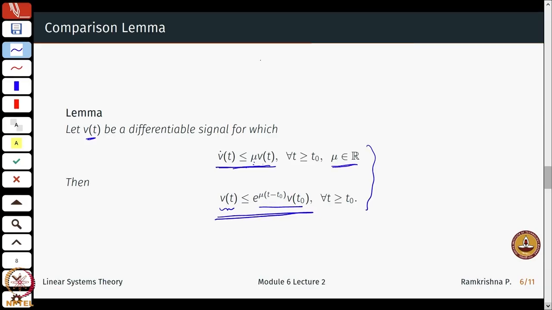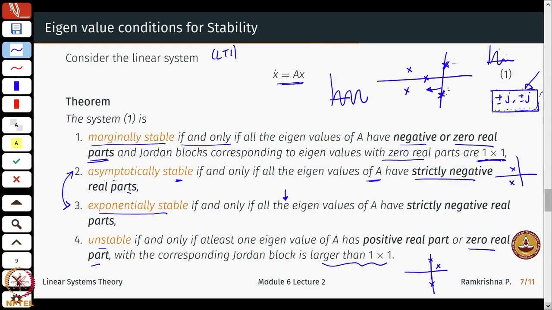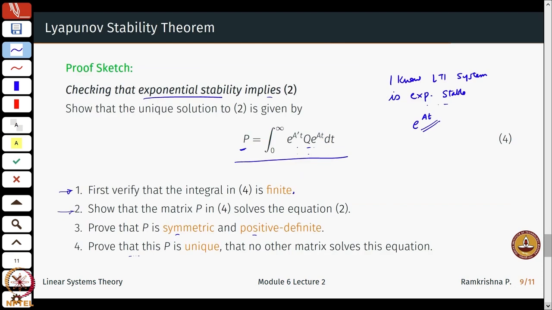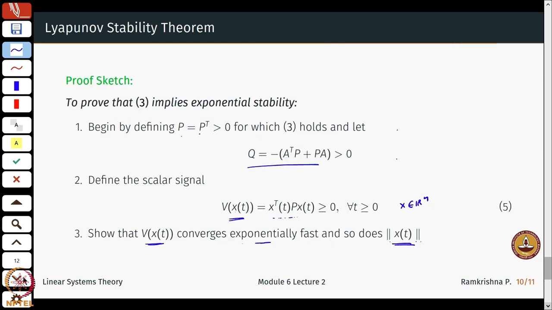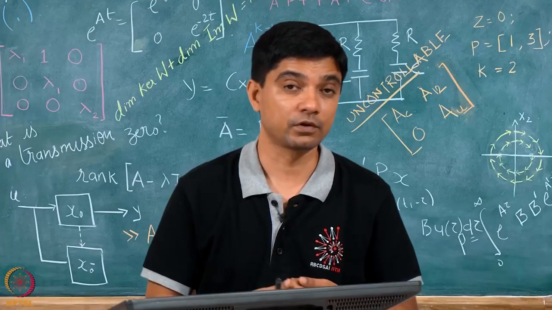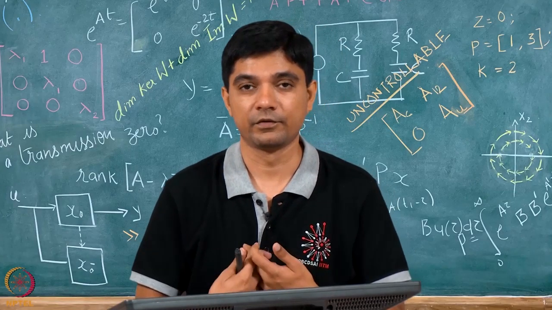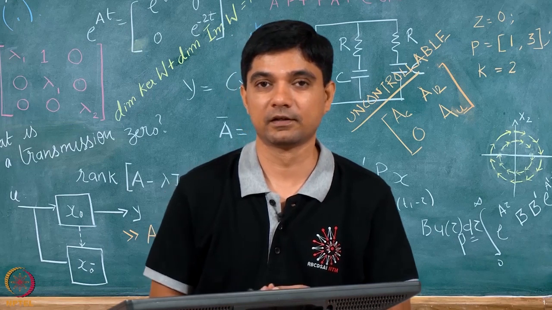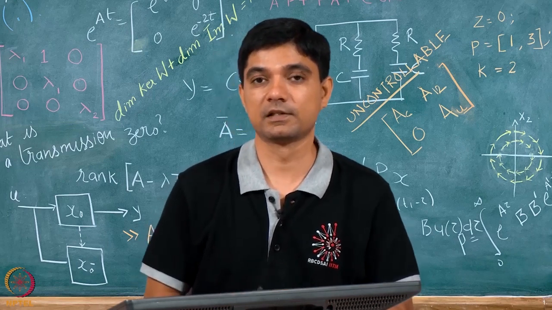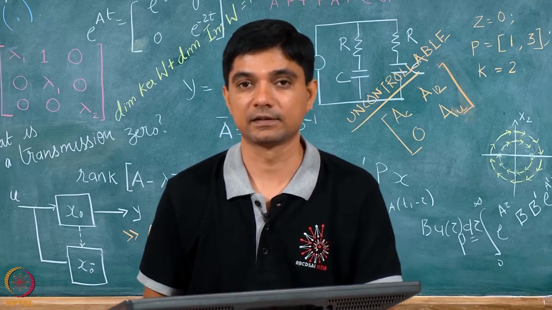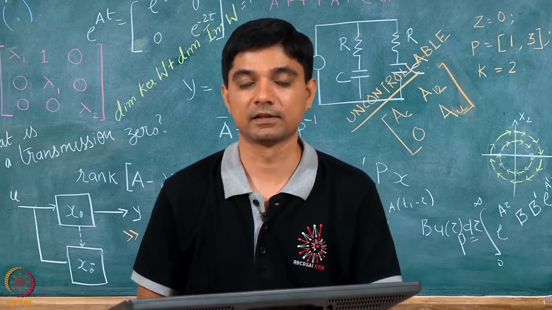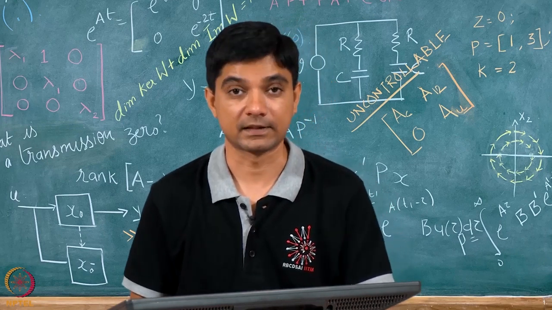So, those were little proofs of how all these statements were equivalent. We just invoked a few properties of the matrices that we started off with today. We invoked the comparison lemma. We also invoked the relation between the definitions of positive definite matrices and their relations with the minimum and maximum eigenvalues.